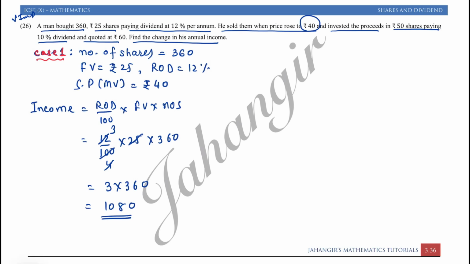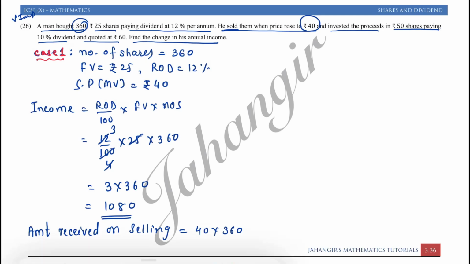But they said he sold them. He sold these 360 shares at a rate of rupees 40 each. So we will write amount received on selling. When you have 360 shares and you sell each at rupees 40, what amount are we getting? That is 40 into 360.